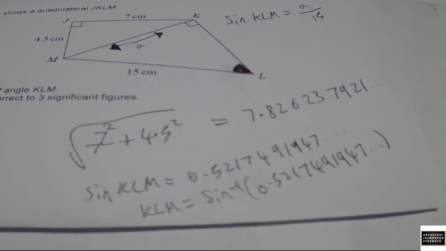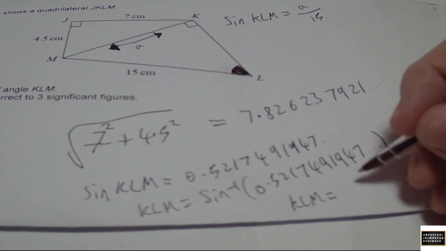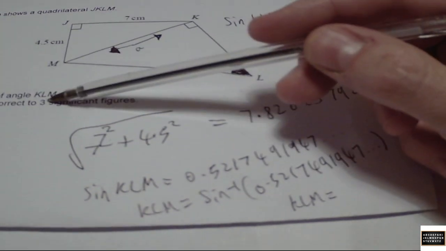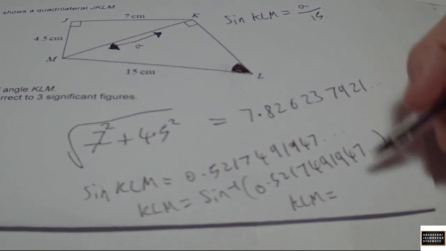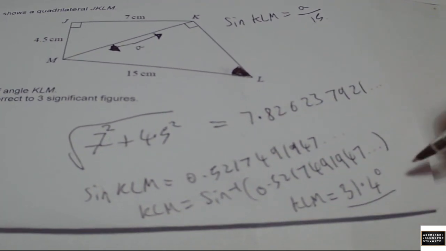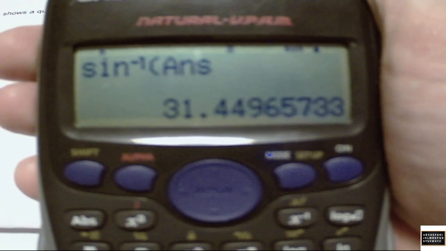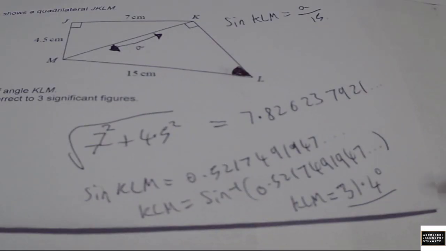We're going to get to 3 significant figures, so 31.4 degrees, only rounding up right at the end. The actual answer was 31.44965733, but we're going to round it to 31.4, so only 3 significant figures here.